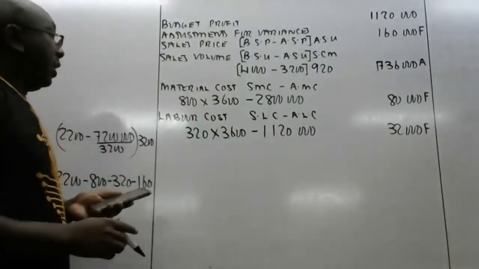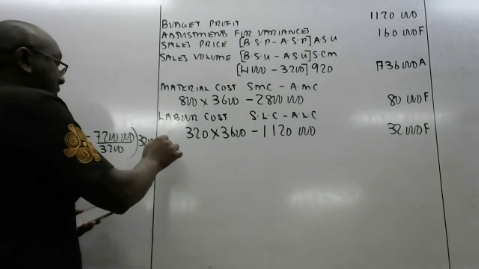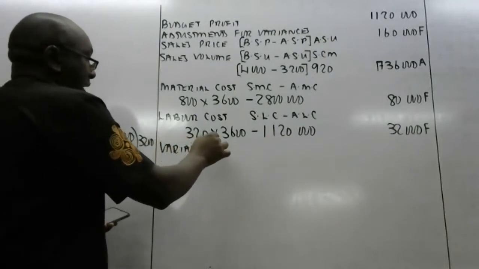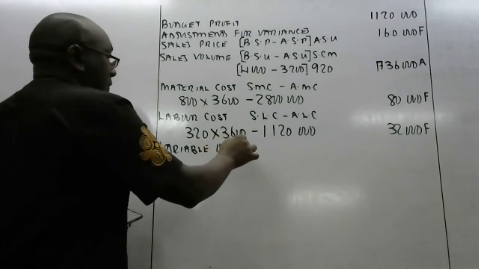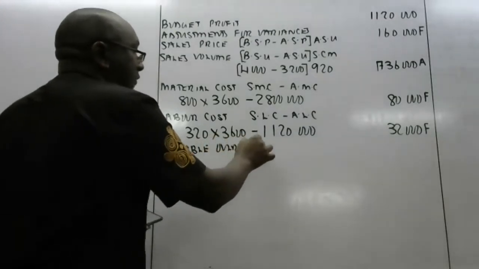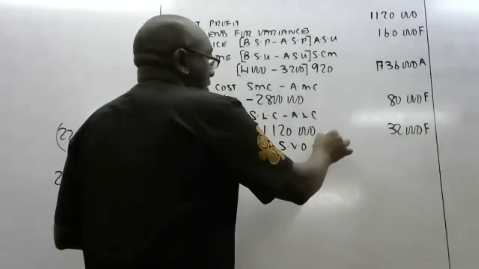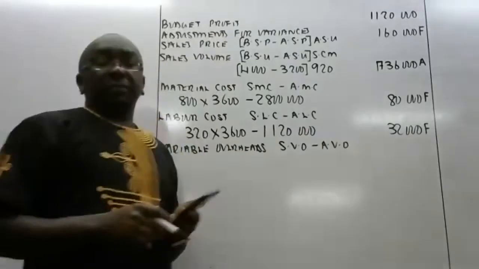Okay, let's go to variable overheads. Variable overheads is standard variable overheads minus actual variable overheads.